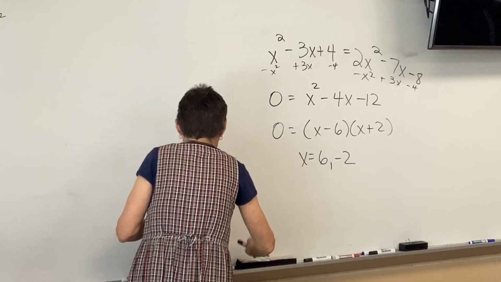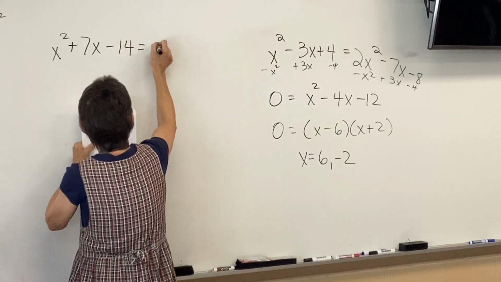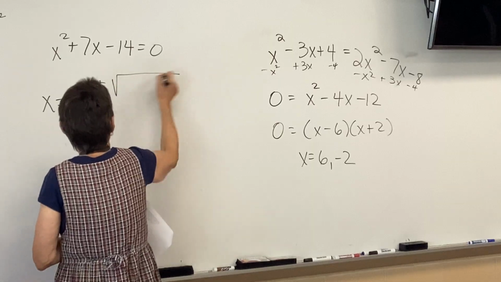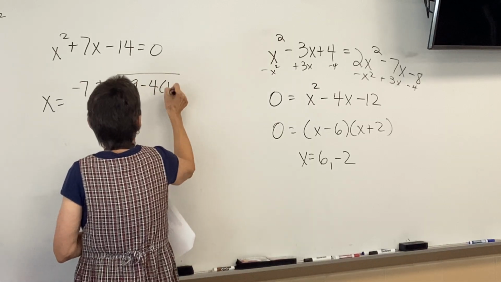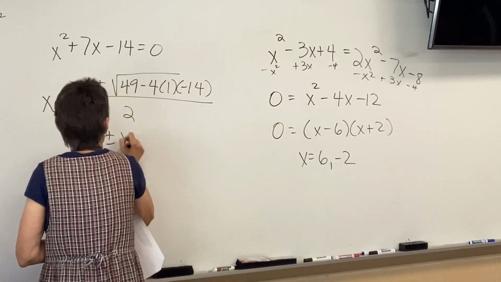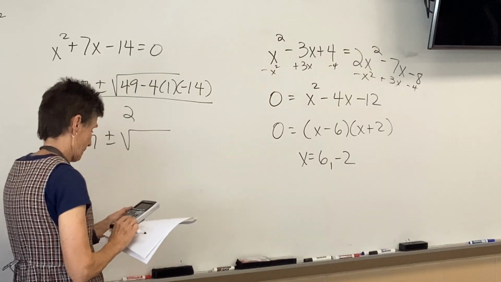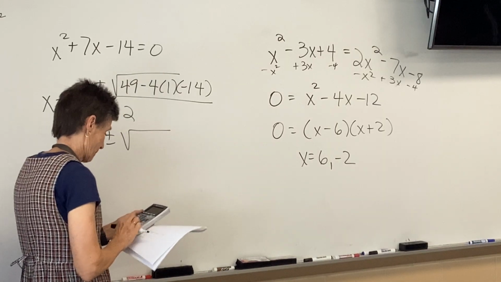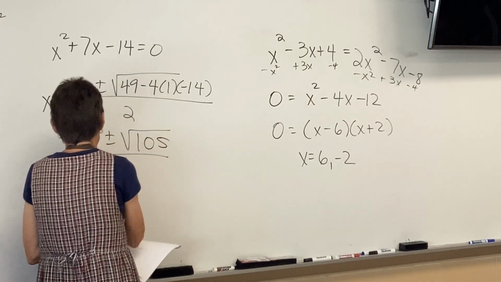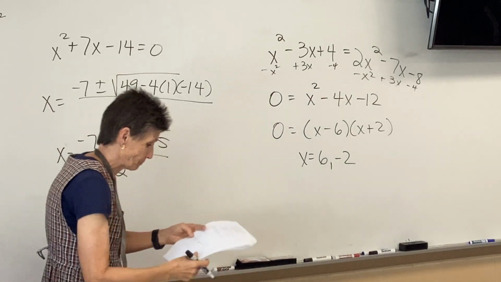Yeah, over 2b or 2x. What? 12? It actually goes 6 and negative 2. What do you mean plus 12?